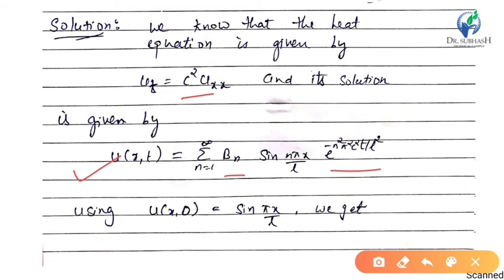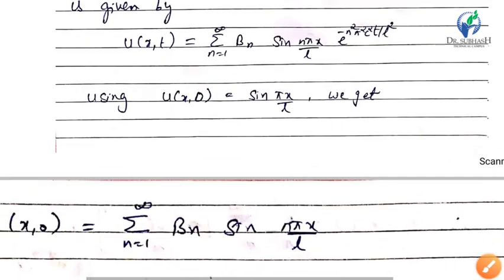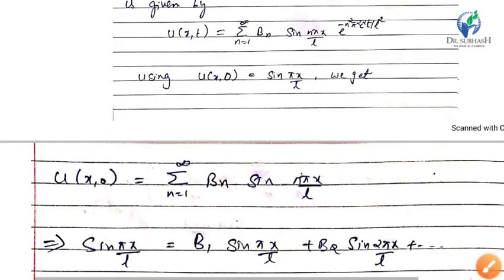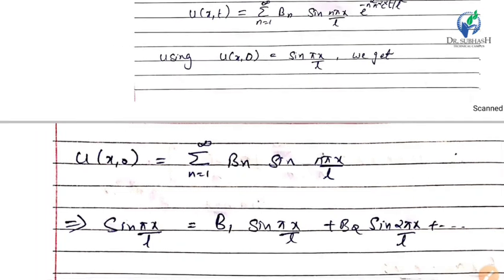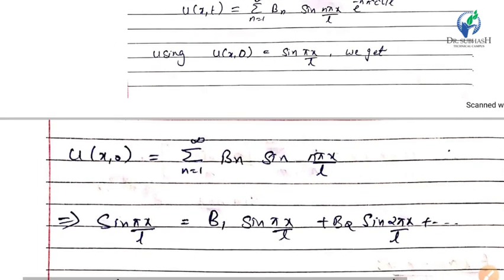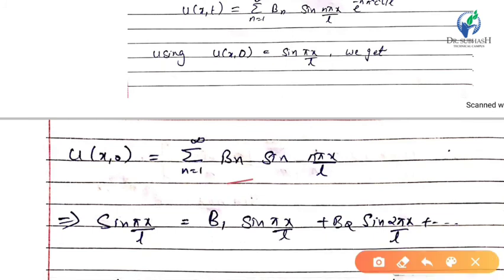Now using this condition u of x,0 equal to sin pi x upon L, we get u of x,0 equal to summation bn sin n pi x upon L. We are taking t equal to 0.